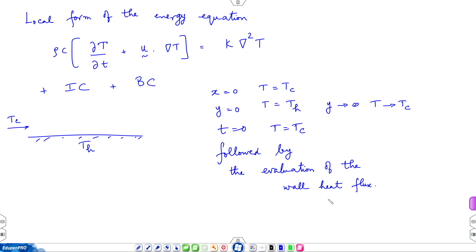So, we have an expression for q equal to minus k gradient of T that has to be evaluated at the wall. That means, the derivative of temperature has to be evaluated at the wall. Okay. So, on Friday we will look at solutions of the energy equation. So, we have 3 more classes. So, we look at solutions of the energy equation.